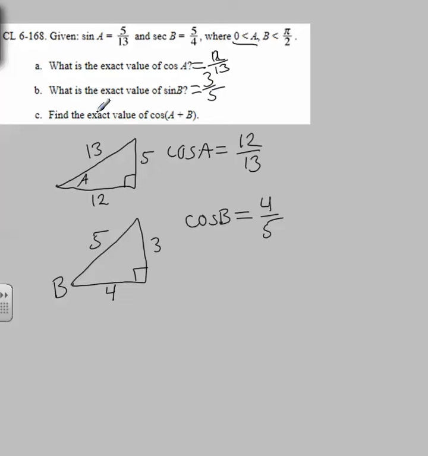Now for the grand finale, part C. We've got cosine of the sum of angles A and B. At this point, we need to pull out our list of rules or have them memorized. This is an angle sum.